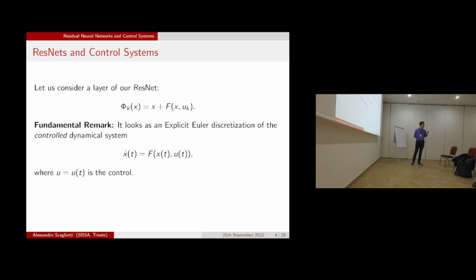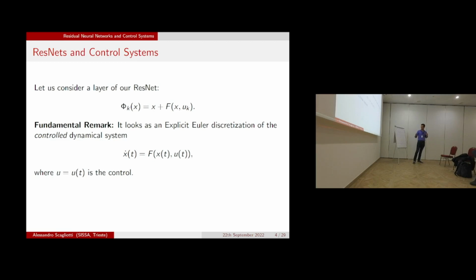So what's the connection between these and control systems? The fact is that if we look at a single layer of a ResNet, we immediately realize that it looks like an explicit Euler discretization of a control system. What is a control system? A control system is nothing but an ODE in which the right-hand side depends on a parameter u that, instant by instant, should be specified by the user.